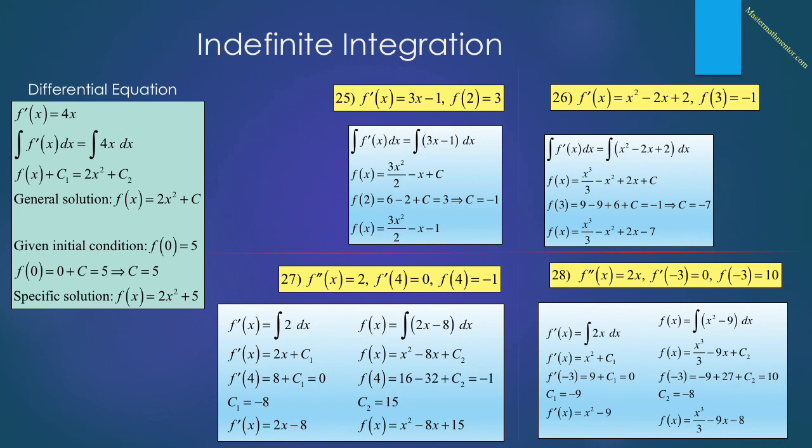We can check our work first by plugging in negative 3, we get negative 9 plus 27 minus 8, which would equal 10. f prime of x is equal to x squared minus 9, and f prime of negative 3 is equal to 0. And finally, f double prime of x would simply equal 2x.